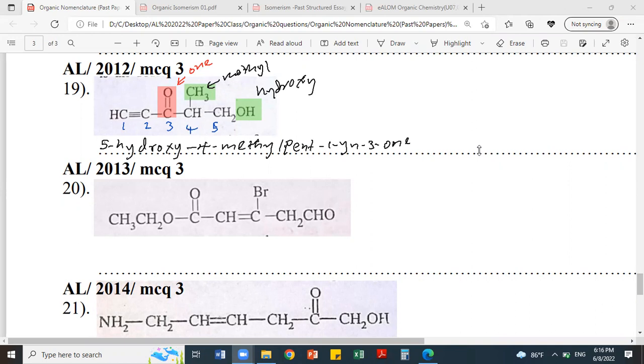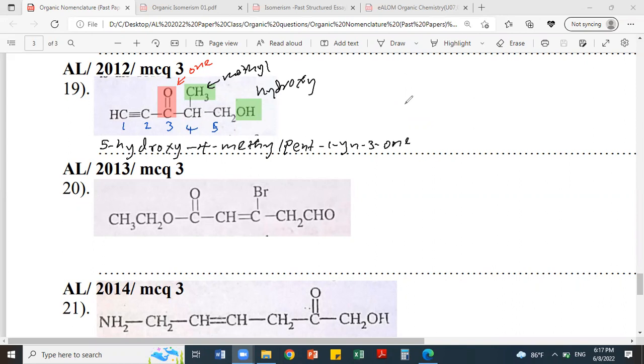You can't name this as an al, because it's not an aldehyde group. Only hydroxy, that is the alcohol group, and the ketone group is there. Understood? So you have not selected the correct functional group, and the second one, the numbering, is the problem. Okay. So then next one, number 20.